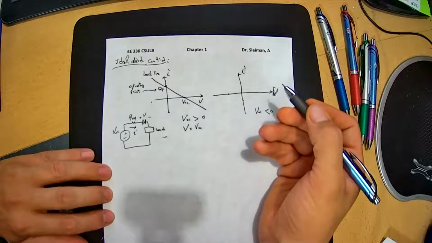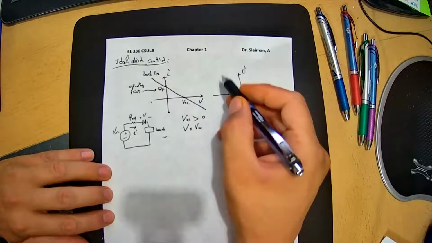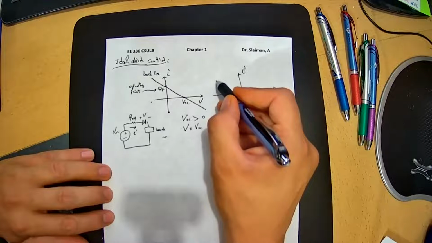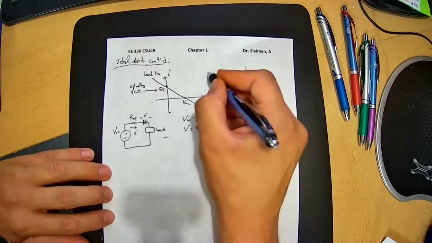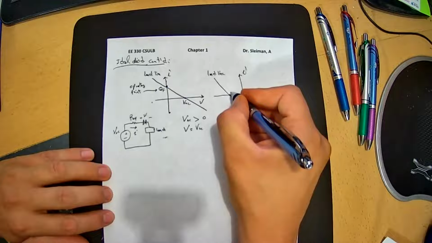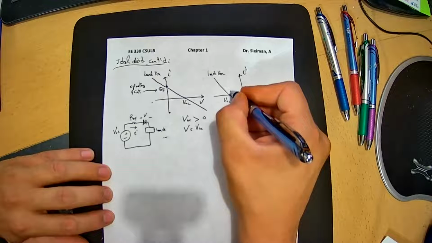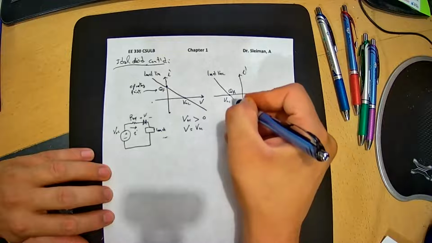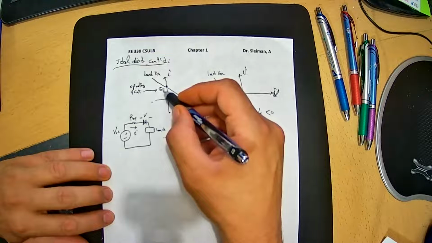Let's say my operating point is in this range, and this will be my load line. So this is my VOC. This is the reverse biased operating point, and this is the forward biased operating point.